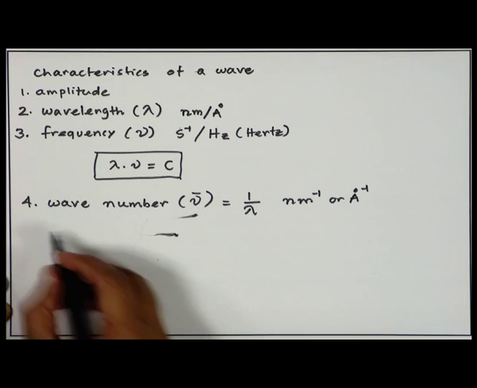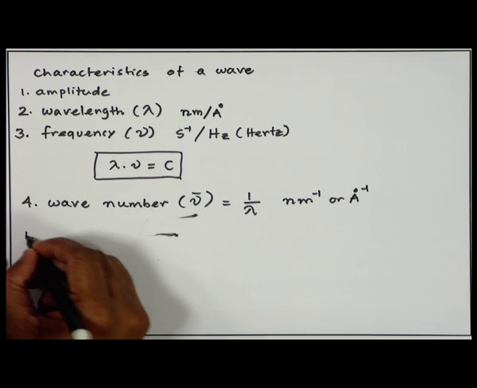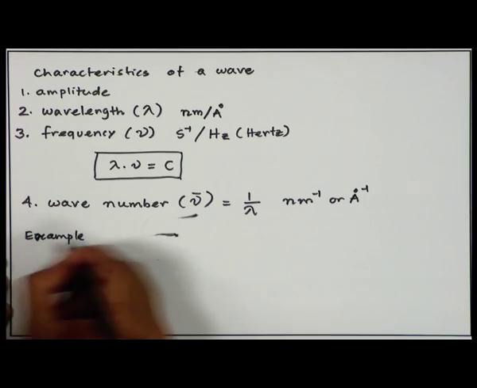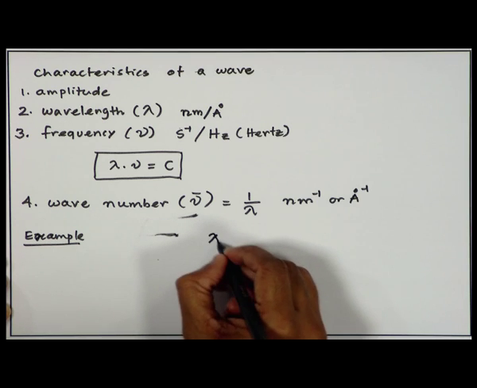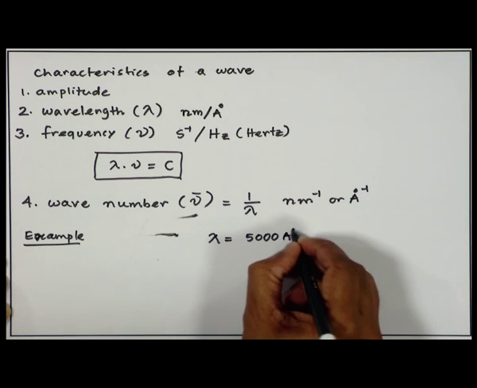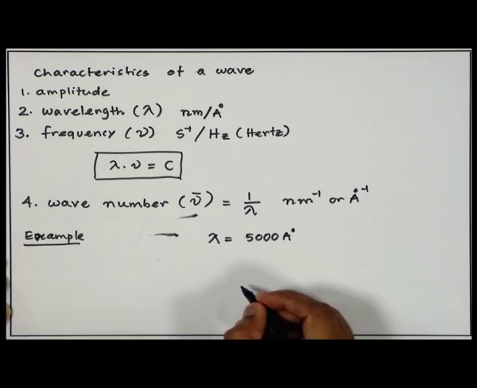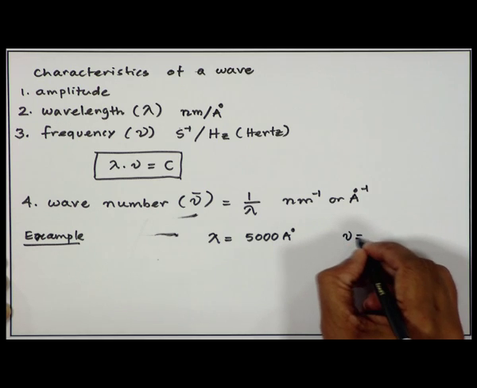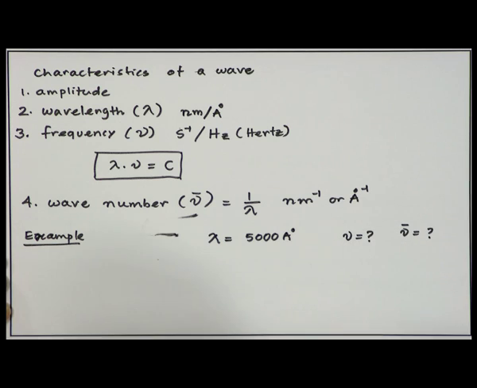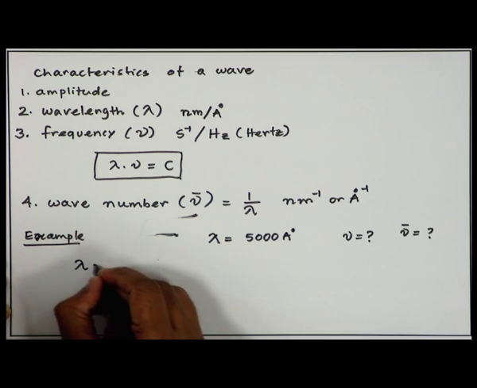We will take one small example. Let us say we have a wave whose wavelength is 5000 angstrom. Find the value of the frequency and the value of the wave number. Let us solve it.